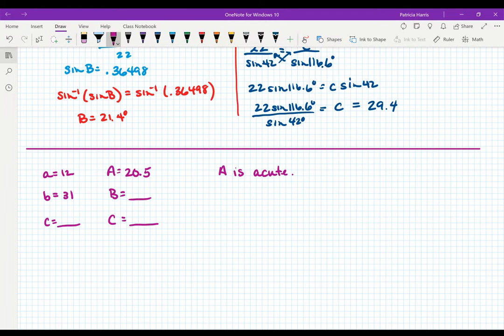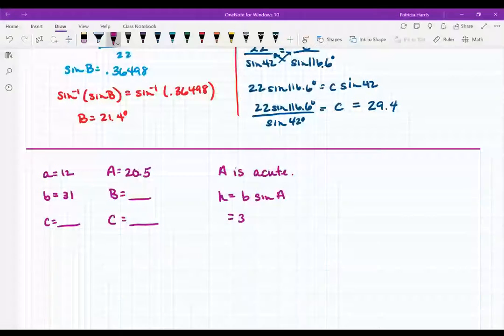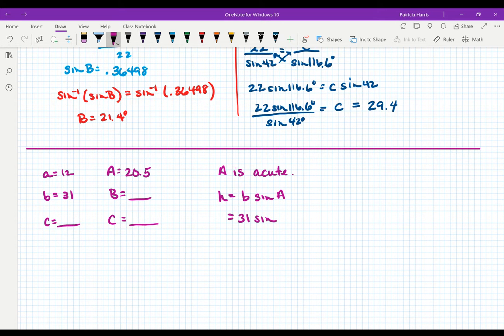Okay, so we have to find H. So I'm going to find H. And I get 10.85. Actually 10.86.